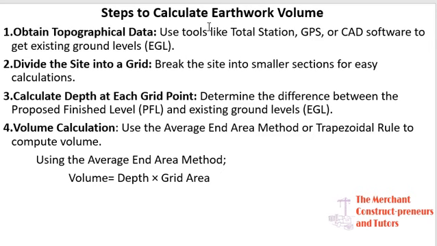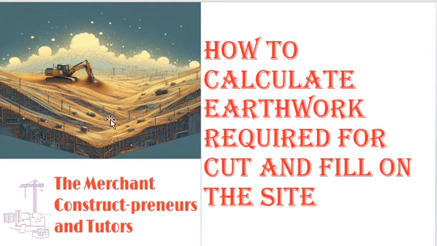Now, the first thing is to obtain the topographical data. What this simply means is the way the site is, just like from the image from the beginning, or from the first page. Let's look at how the site is. So we need to get the details of various points, the low points, the high points, the mid points. So we need to know, okay, what do we want to do?